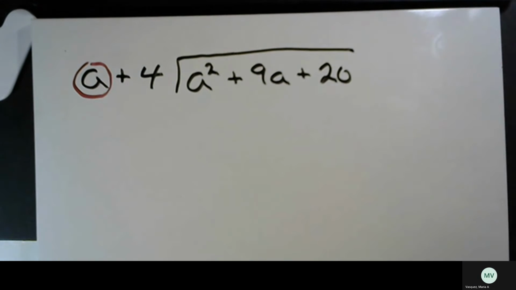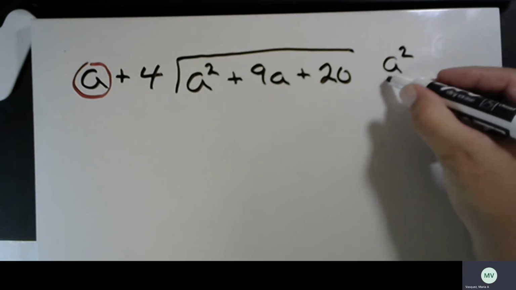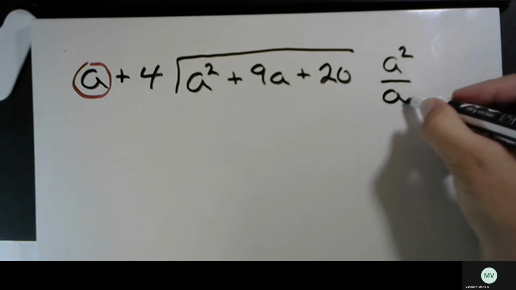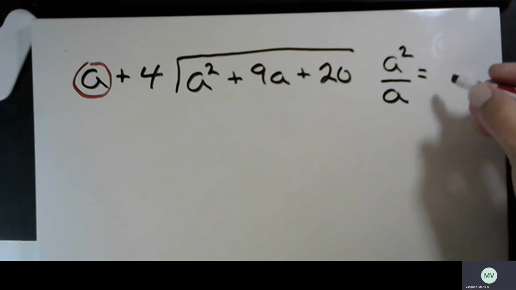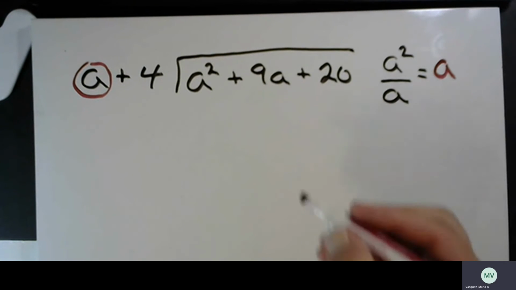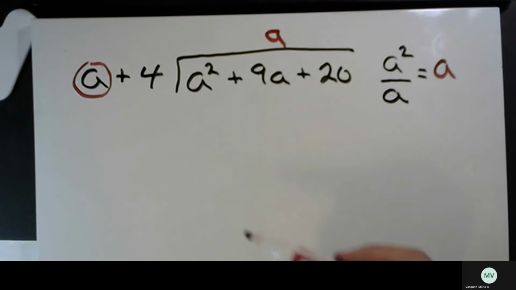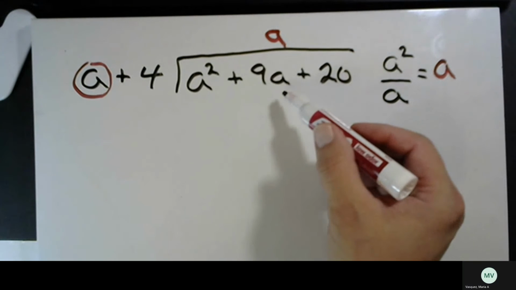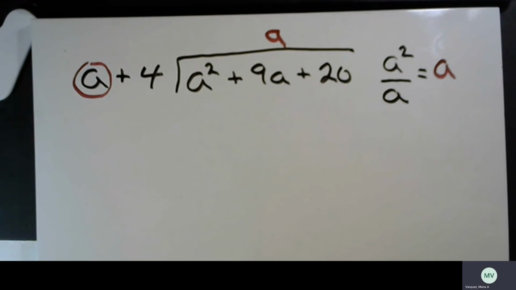So we'll take first a squared divided by a. That's just going to give us a, so that we'll put here. You can think of this as the a squared column, the a column, and the constant column. Okay.